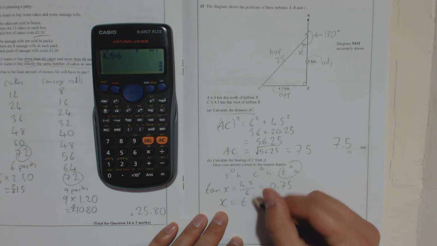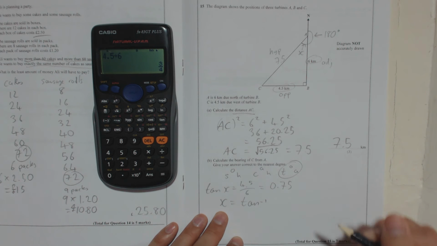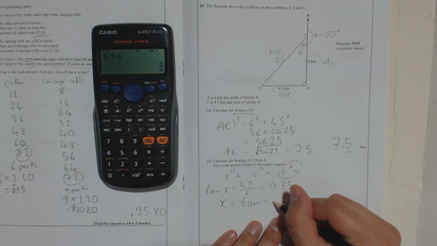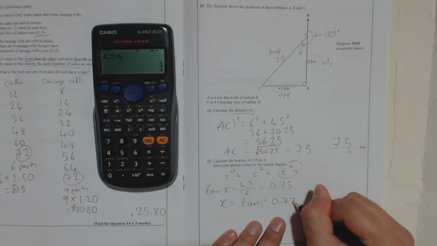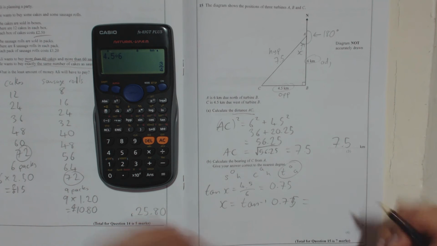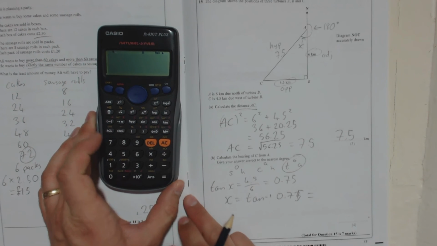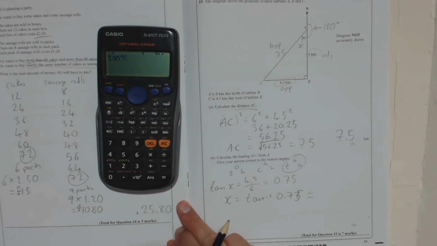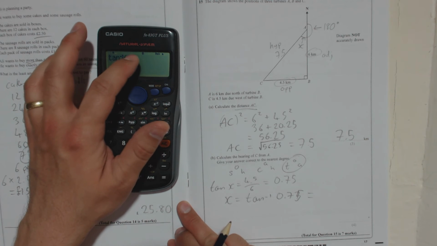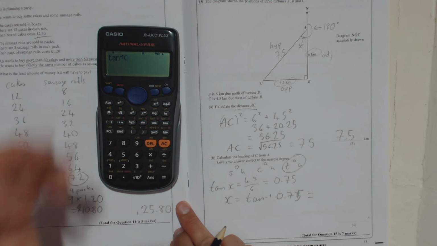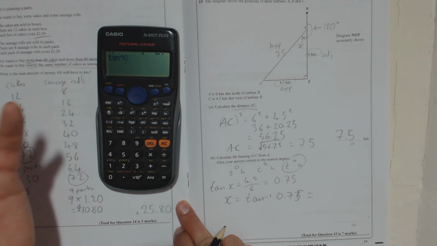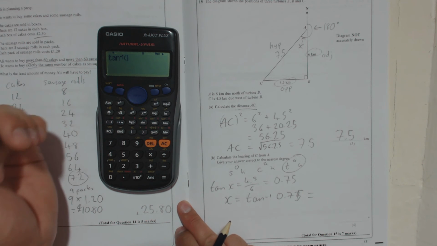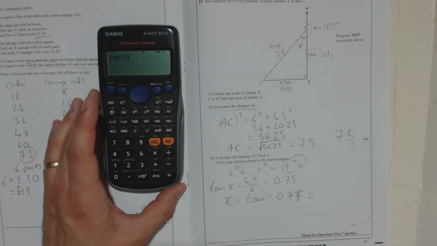So what you do is you use the tan to the -1 button on your calculator of 0.75. Oops, that's a 7. So I'm going to press Shift tan, and make sure, when you're doing trigonometry, make sure your calculator says D or DEG or something. It means it's in the right mode. If you see an R or rad or G and grad, it means it will get you the wrong answer.